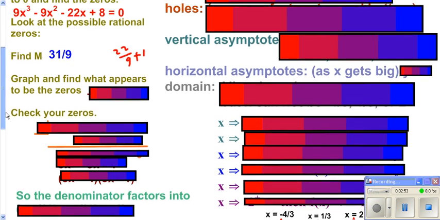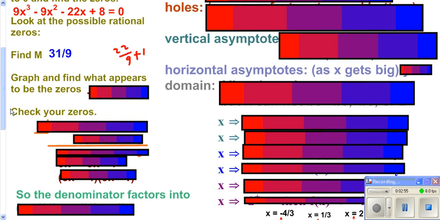So put just your denominator, because that's what we're trying to find our zeros on, into your y equals, and then graph it. And then look at your possible rational zeros. When you graph it, you're going to graph it from a negative 31/9 for your x min to a positive 31/9 for your x max.